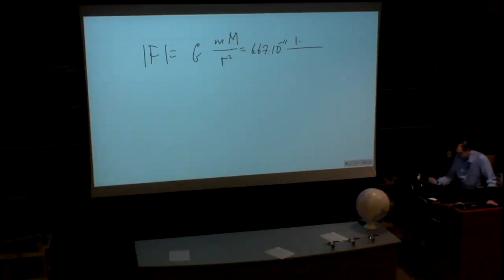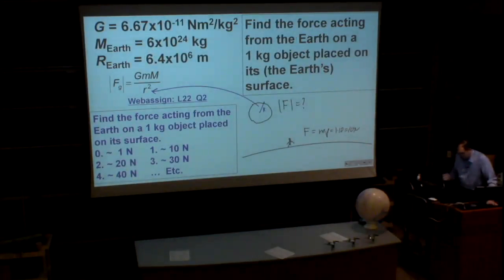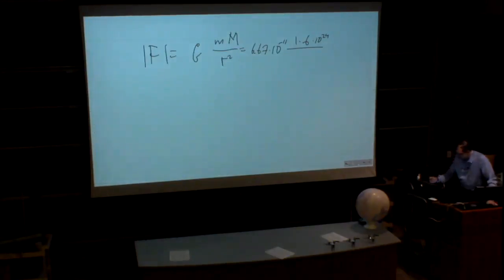Well, in that case, we would have to plug in numbers: 6.67 × 10⁻¹¹, 1 kilogram, about 6 × 10²⁴, and, I keep forgetting, the radius, about 6.4 × 10⁶.